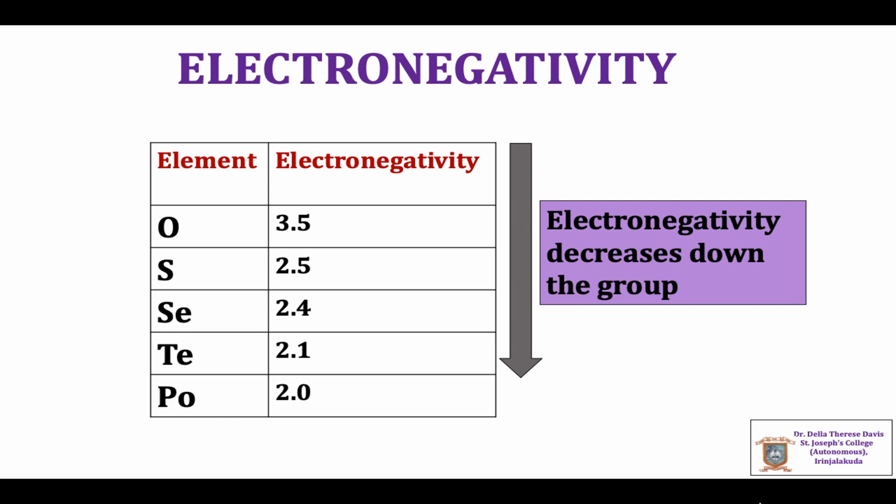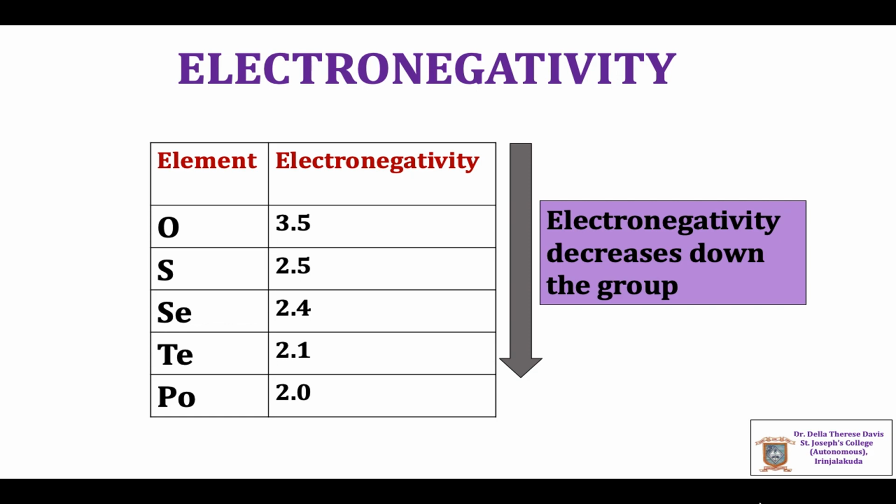If we observe the electronegativity trend, oxygen is highly electronegative, and as we move down the group, the electronegativity decreases. Oxygen has an electronegativity value of 3.5, sulfur 2.5, selenium 2.4, tellurium 2.1, and finally polonium 2.0.